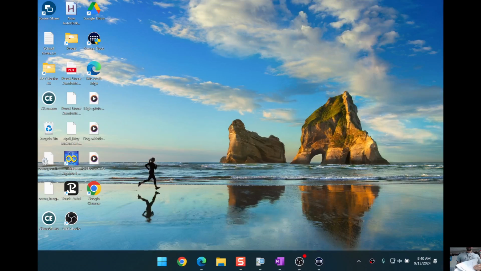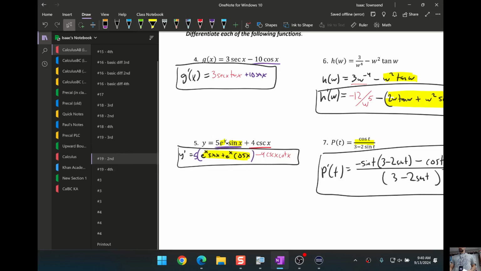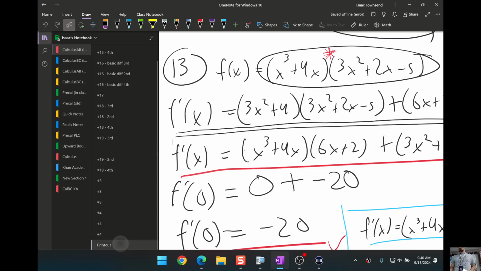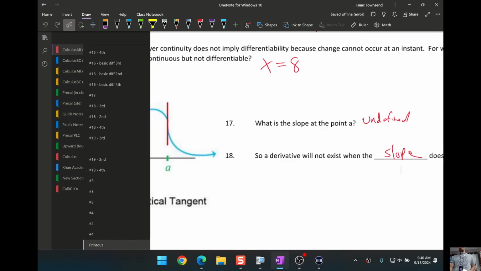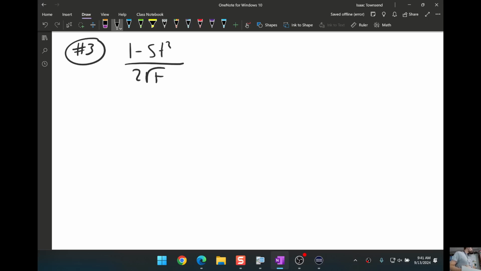So I am going to look at question 3 now. It looks like the answer to question 3, they came up with 1 minus 5t squared over 2 square roots of t as an answer.